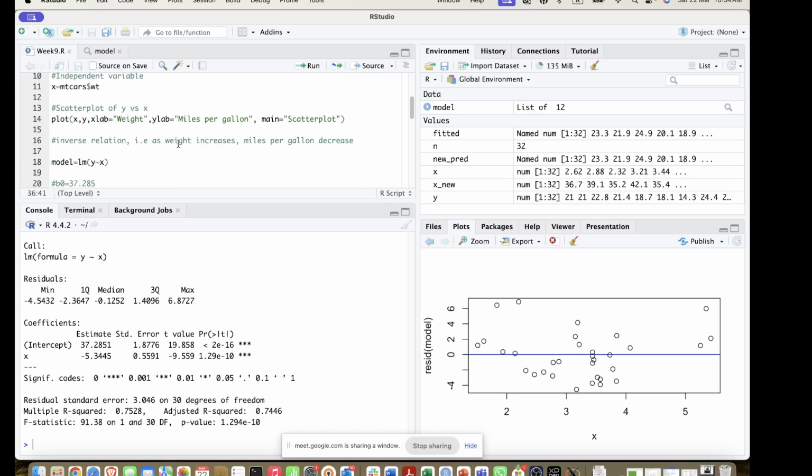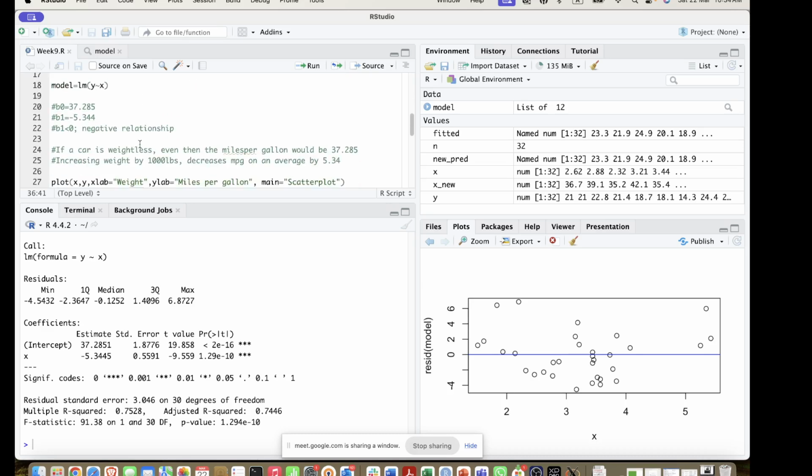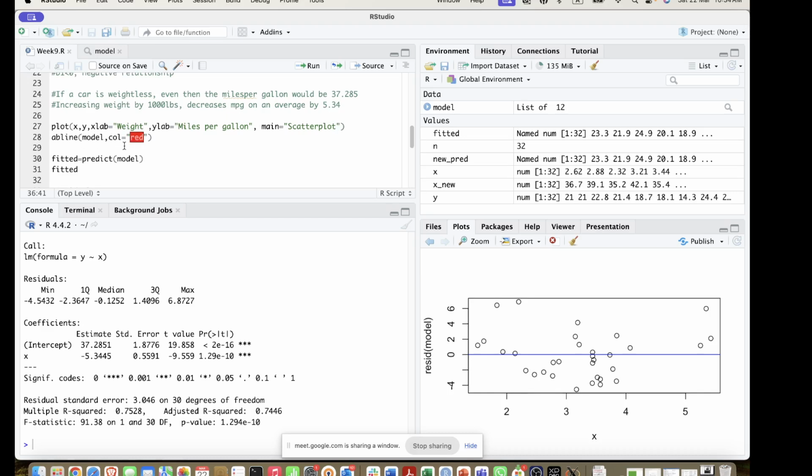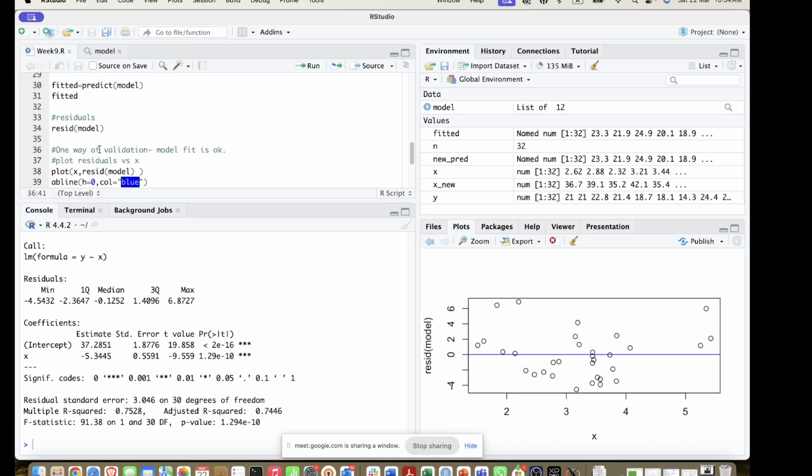And then once we have that, we get the regression coefficients, we get the fitted values, we get the residuals, we plot residuals against x if it is a simple linear regression, and then we see if it is randomly scattered about 0 or not.